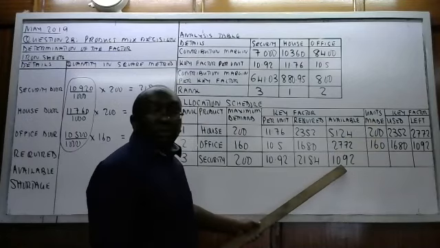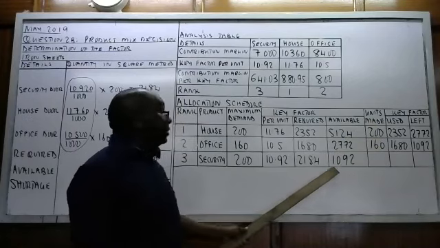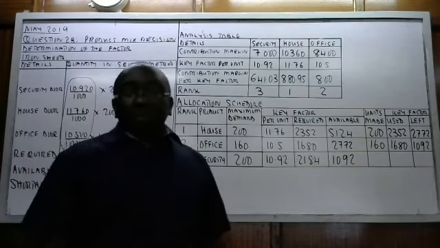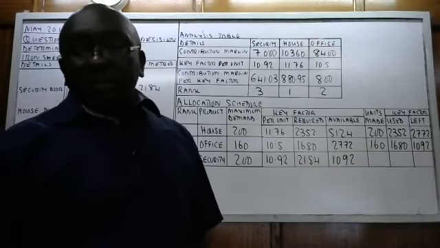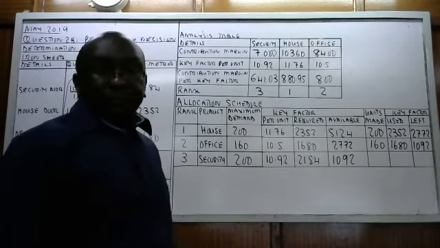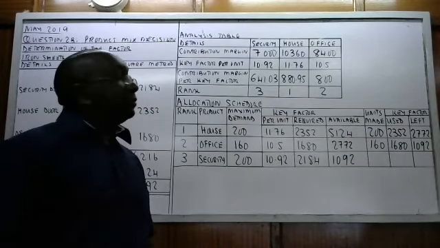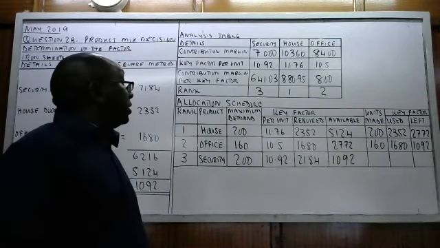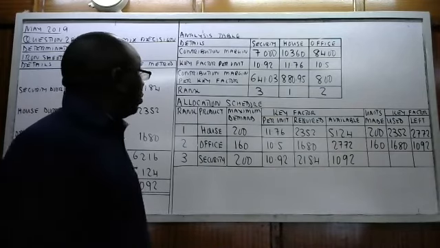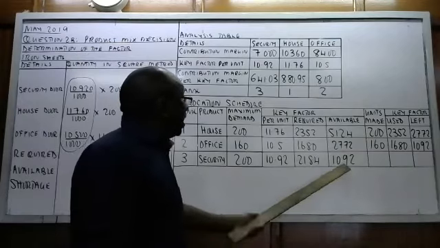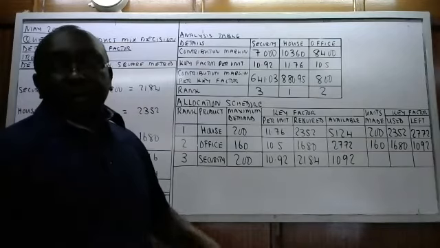Tukitumia 1092 square meters, each unit taking 10.92. How many units then can we afford to make? How many can we afford?